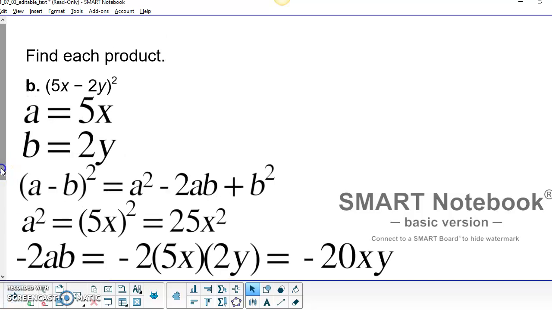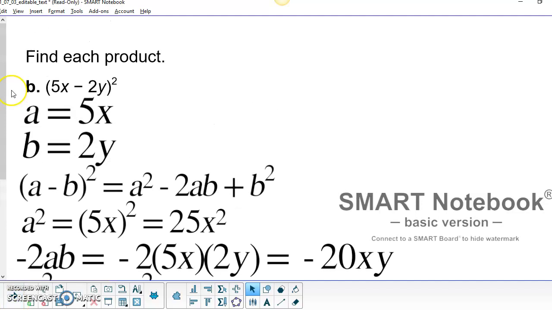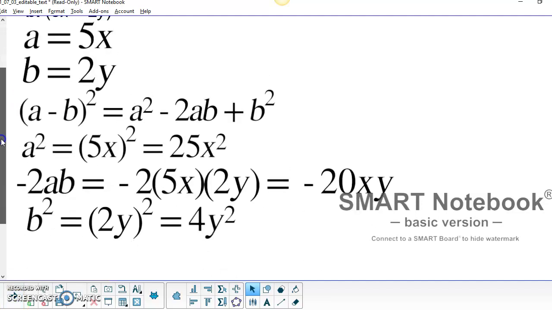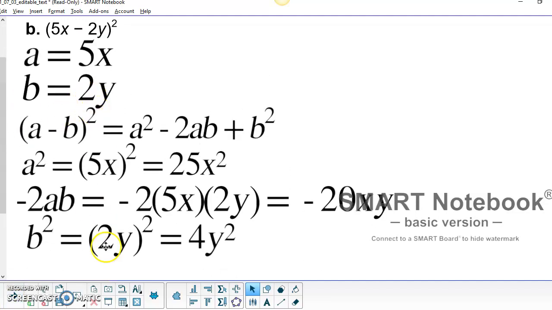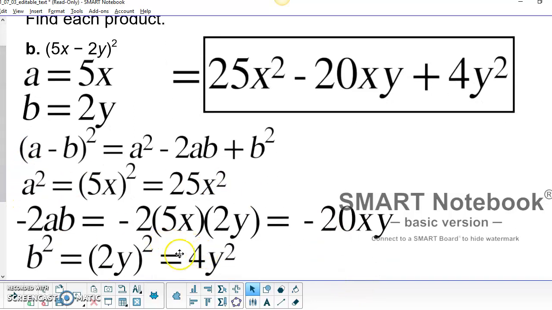Next you have minus 2ab. You plug in your numbers, negative 2 times your a times your b gives you negative 20xy. And then lastly your b squared. Your b was 2y. You square that, you get 4y squared. When you put it all together, you've got 25x squared minus 20xy plus 4y squared.